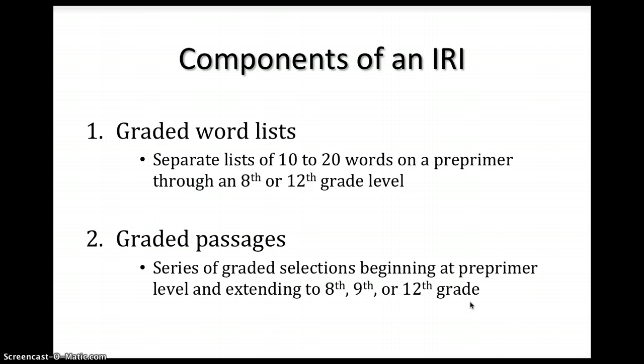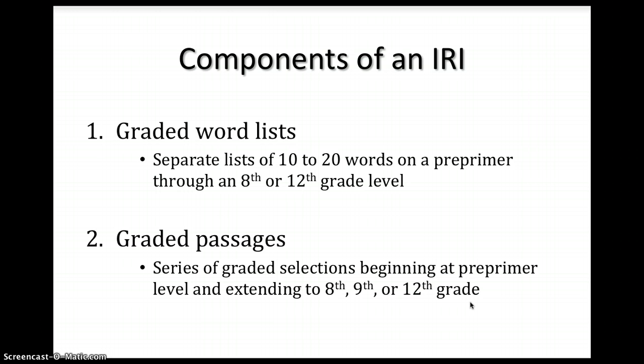Components of an IRI. The two major components are graded word lists and graded passages. The word lists consist of separate lists of 10 to 20 words, and the range of level moves from pre-primer through 8th or 12th grade typically. A common list would be the Dolch word list.